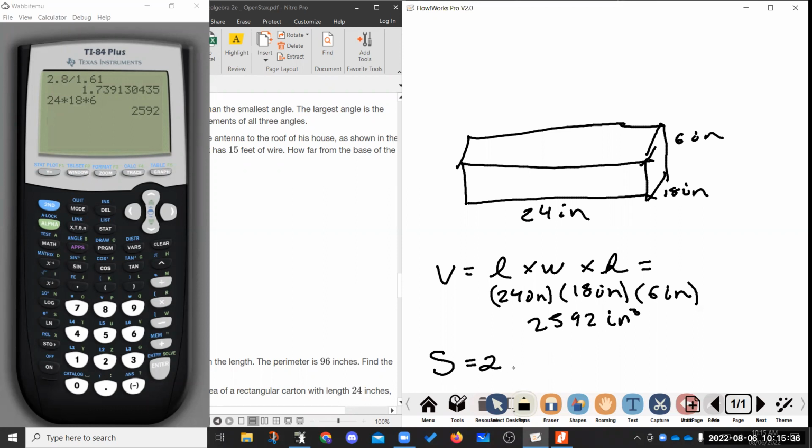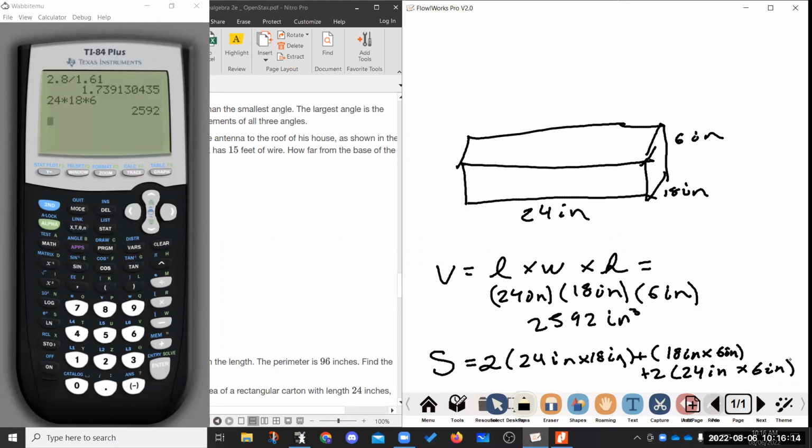There's going to be 2 of those, and those are going to be 24 by 18 plus 2 of the sides here that are going to be 18 by 6 plus another 2 that are the front and the back that are going to be 24 by 6.